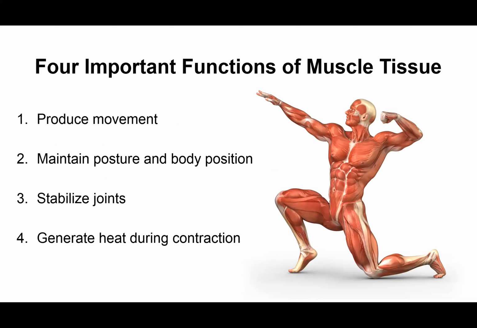Muscles help stabilize our joints, which we should know hopefully already based on the joints lectures that we've already covered. And then finally, whenever muscle tissue contracts, because it's burning energy, it creates heat as a byproduct. So muscle tissue has the function of generating heat during contraction.